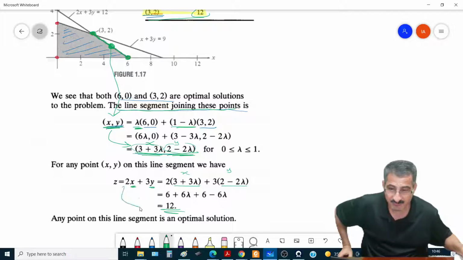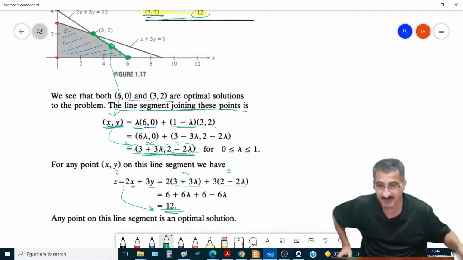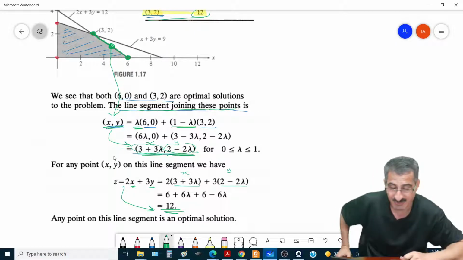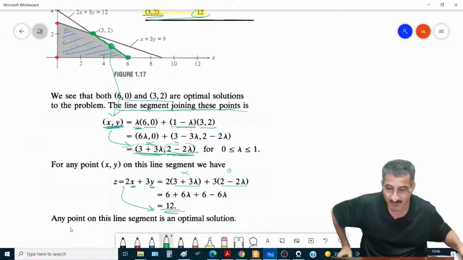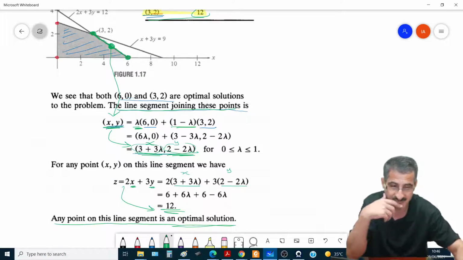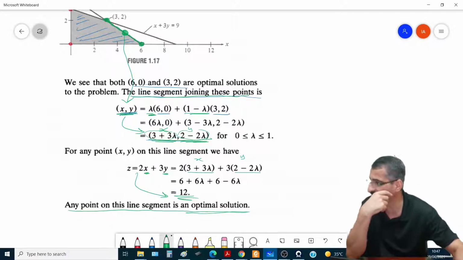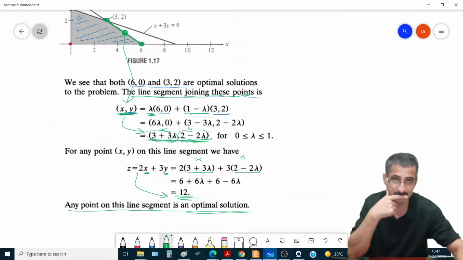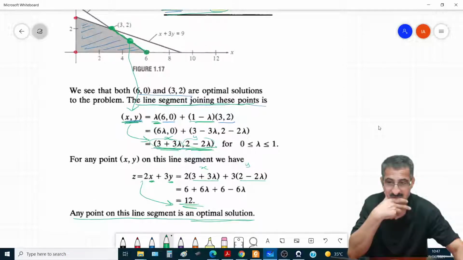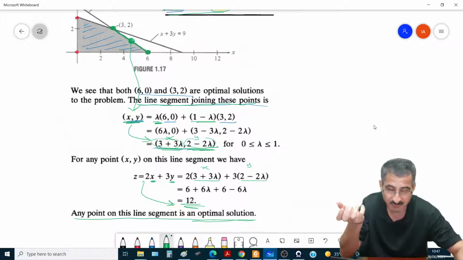So the objective function will have the same maximum value at any point on the green line segment. So any point on this line segment is an optimal solution. So we have infinitely many optimal solutions. So this example is to show you that infinitely many optimal solutions may exist. Okay? Now how do we find optimal solutions?